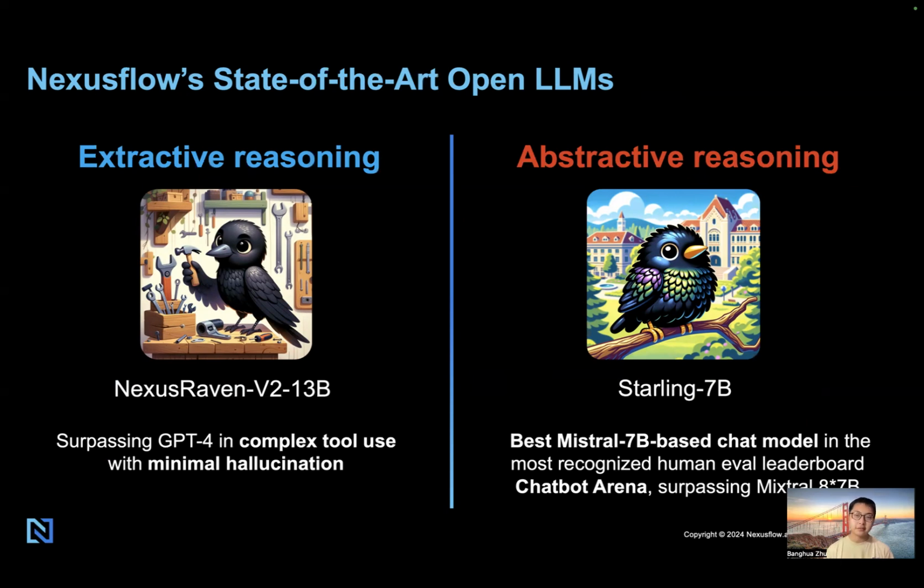For abstractive reasoning, we're open sourcing Starling 7B, which is so far the best Mistral 7B-based chat model on the most recognized human evaluation leaderboard, Chatbot Arena, and it's also surpassing larger models like Mixtral 8x7B. So we use Starling 7B to interact with the customer, and behind the scenes, we use Nexus Flow 13B to call the right functions.